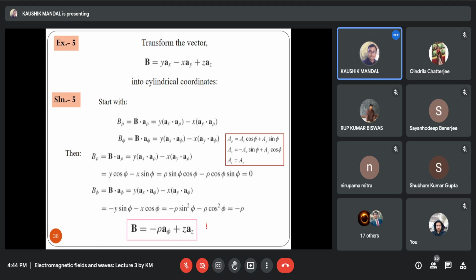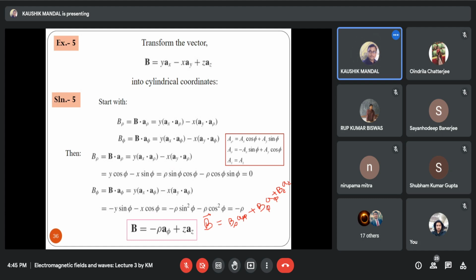You can write down that vector b equal to b rho into a rho, where a rho is the unit vector, next is b phi into a phi, the unit vector, plus bz into az. Az is the unit vector along z axis.